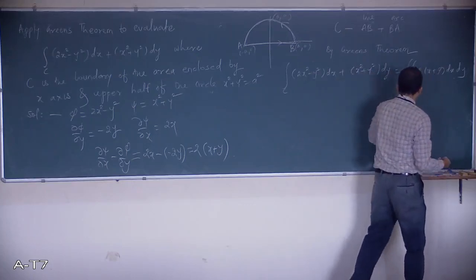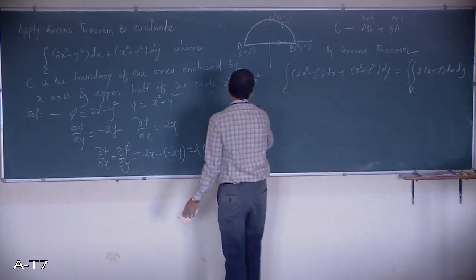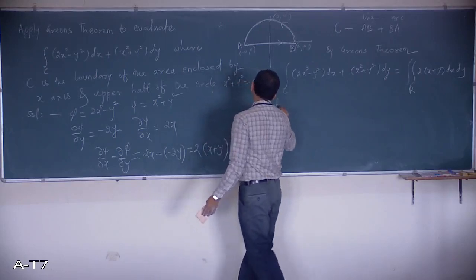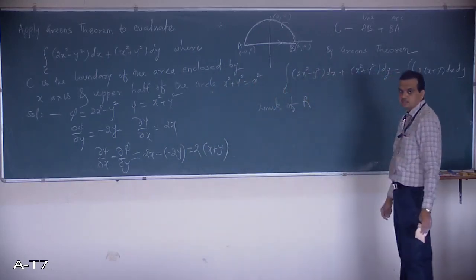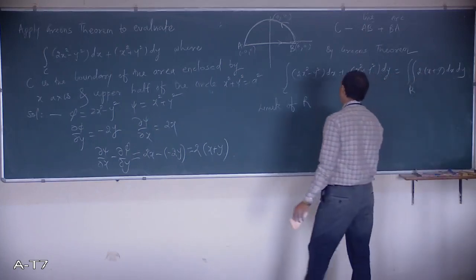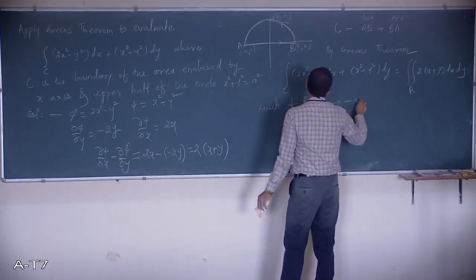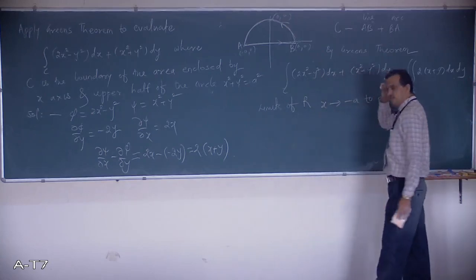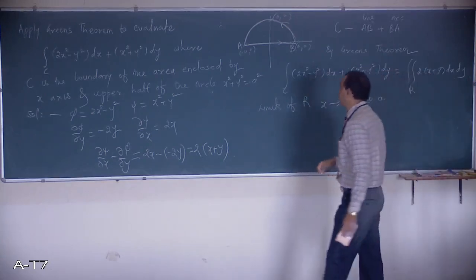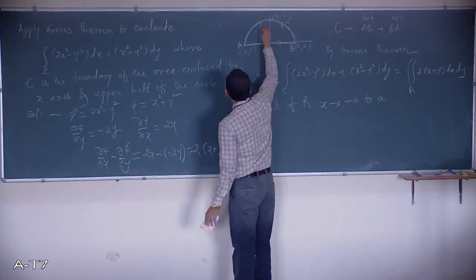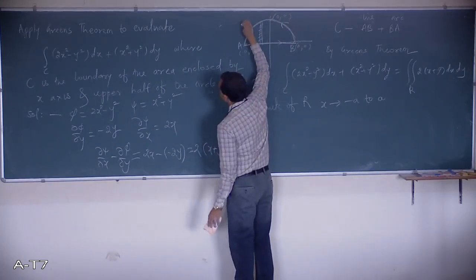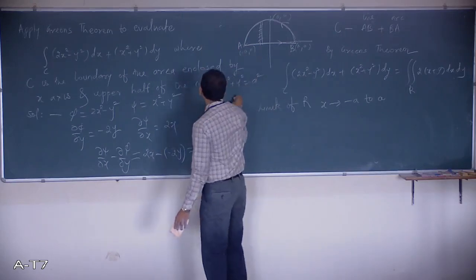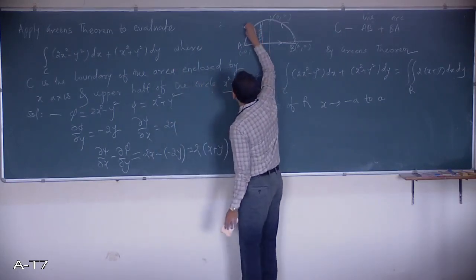What are the limits of R? Anybody? Limits of R in terms of x and y. Yes, x is going from minus a to plus a. What about y? Y is a vertical strip now because it's the arc that is considered. And what is the equation of the circle? X square plus y square is equal to a square, that is mentioned here. How do you write it in terms of y?